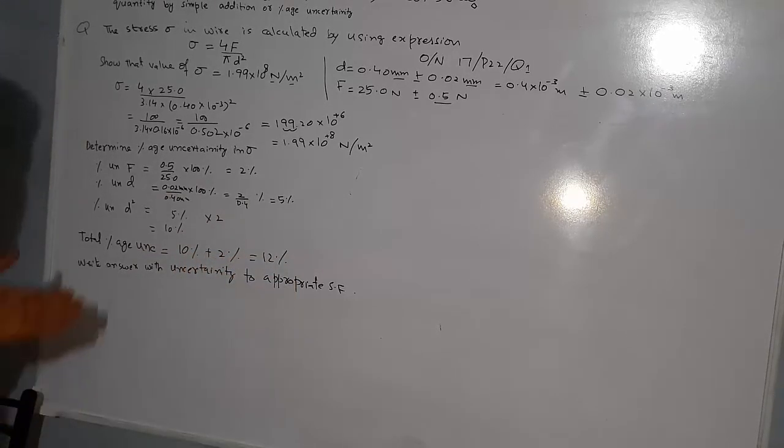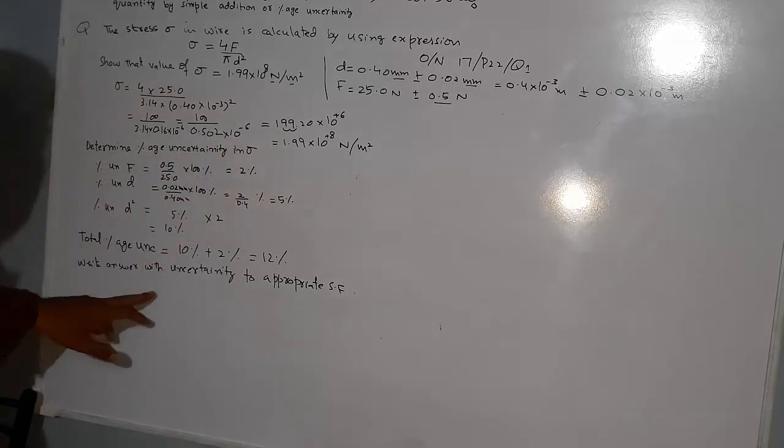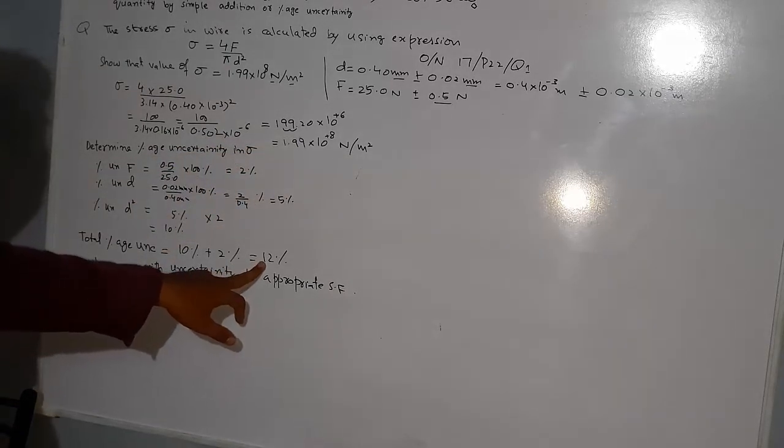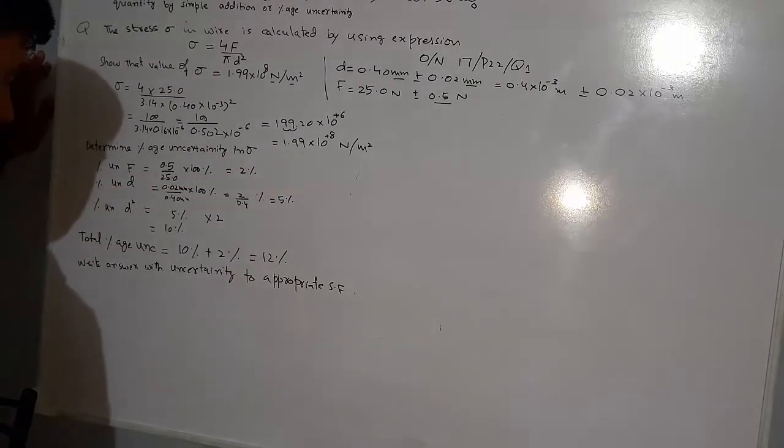Okay. The second part that we have done. The third part: write the answer with uncertainty to appropriate significant figure. First we calculate the 12% with this value, and then we will solve it further.